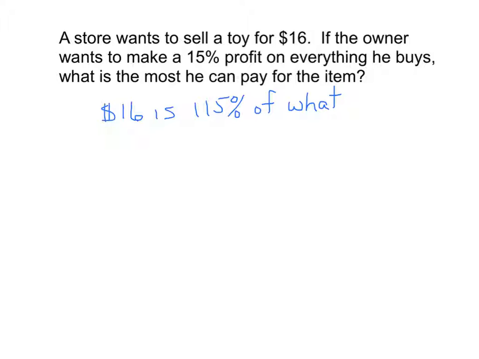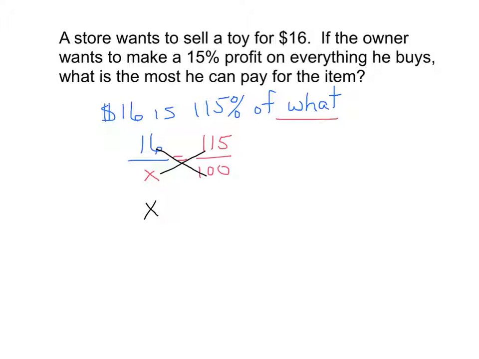If I set this up into a proportion, 16 is my is, of, in this particular case, I do not know, that's my x. The percentage sign is the 115, so it's 115 over 100, and then I would cross multiply.